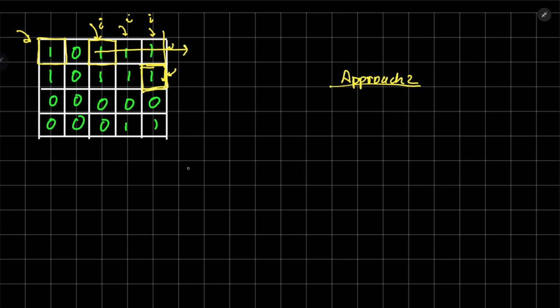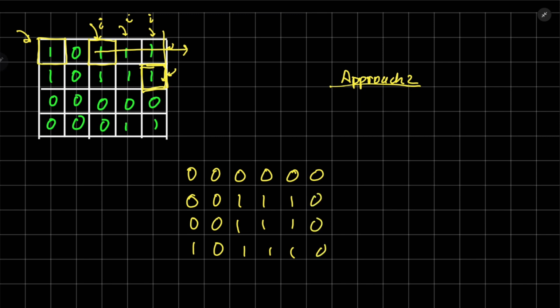So let us assume this is our matrix: 0 0 0 0, 0 1 1 1, 0 0 0 1, 0 0 0 0. So now as we traverse the matrix like this, we'll find 1 here. Now we'll call the function over it with parameters I and j.